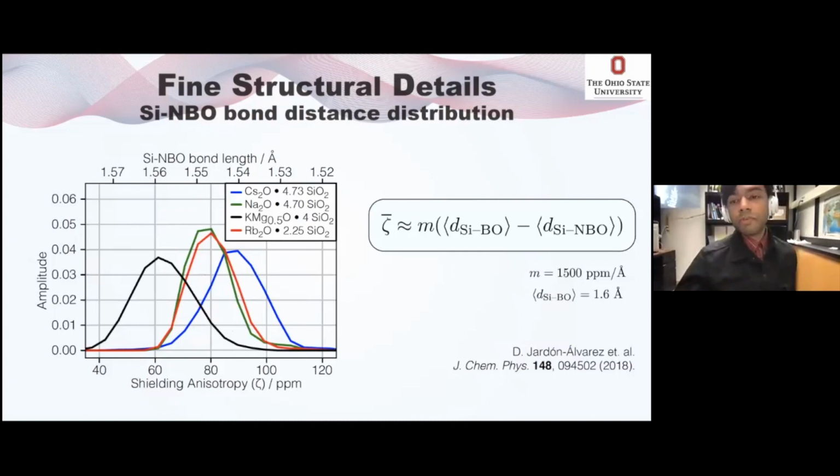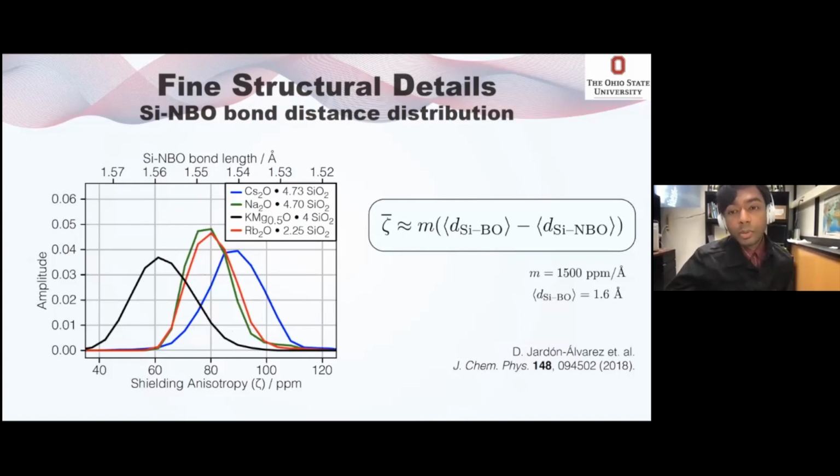what Daniel found in his paper in 2018 was that the mean anisotropy can be represented as a linear relationship between the silicon bonding oxygen and silicon non-bonding oxygen distances.